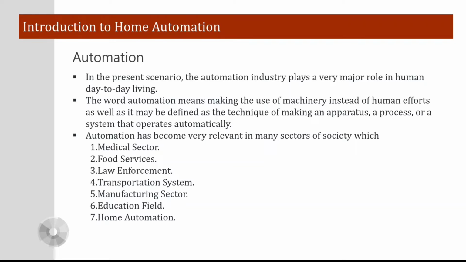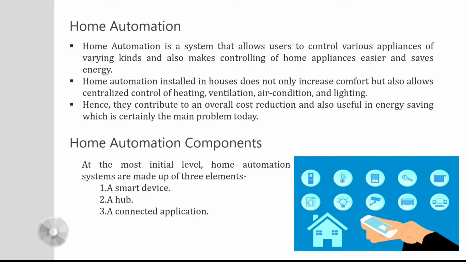In this way automation has become very relevant in many sectors of society like the medical sector, food services, law enforcement, transportation systems and many more. Coming to home automation, it is a system that allows users to control various applications of varying kinds, makes controlling home appliances easier and saves energy, which we discussed before.